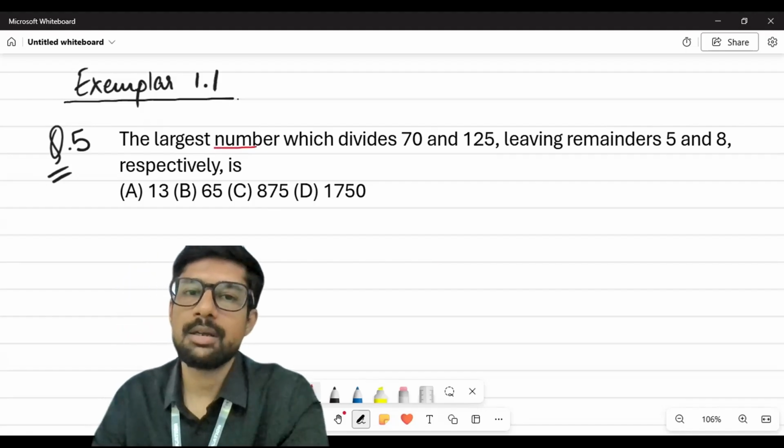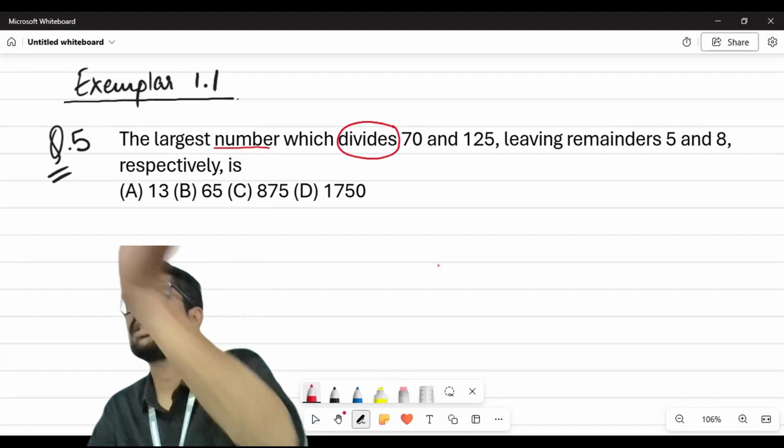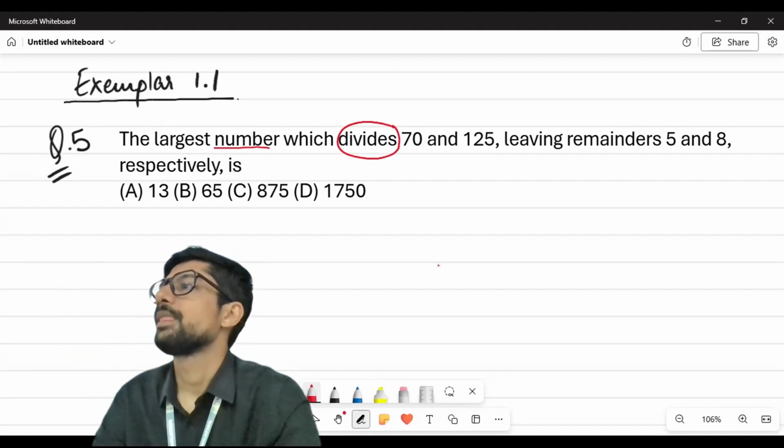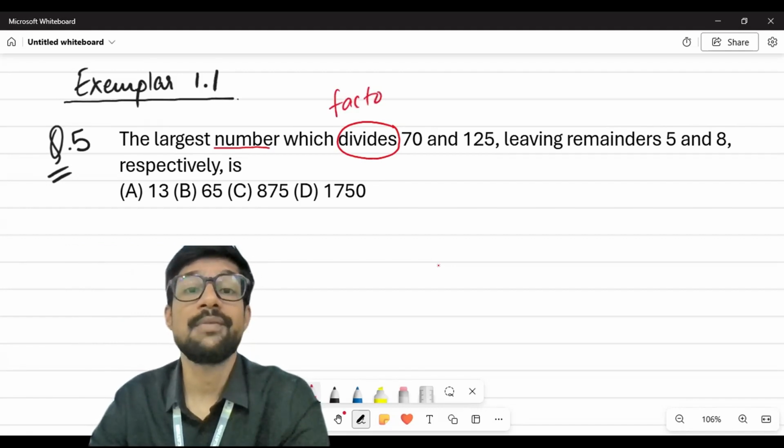We have to find a number which divides these two. A number which divides other numbers is called a factor. Perfect. So that means we have to find the factor.